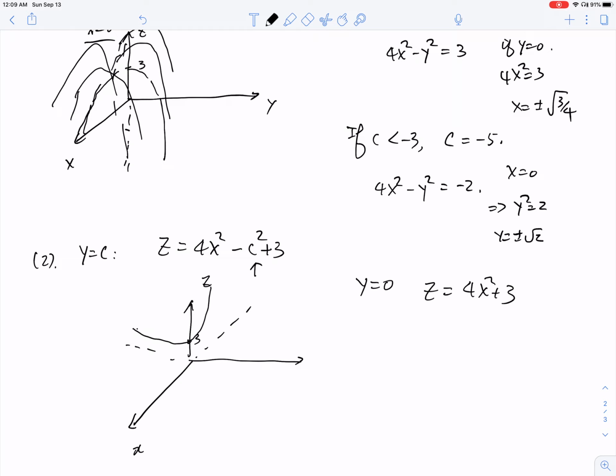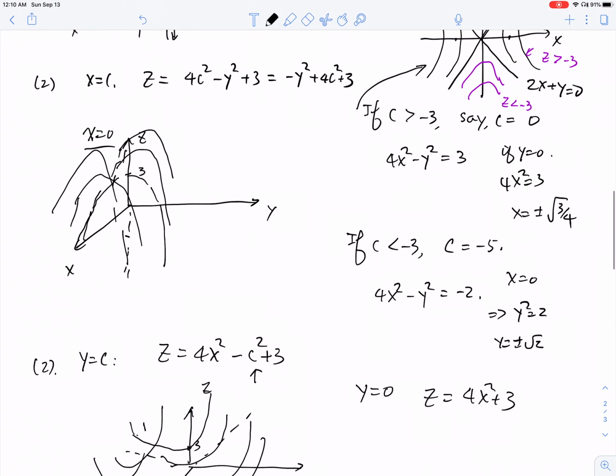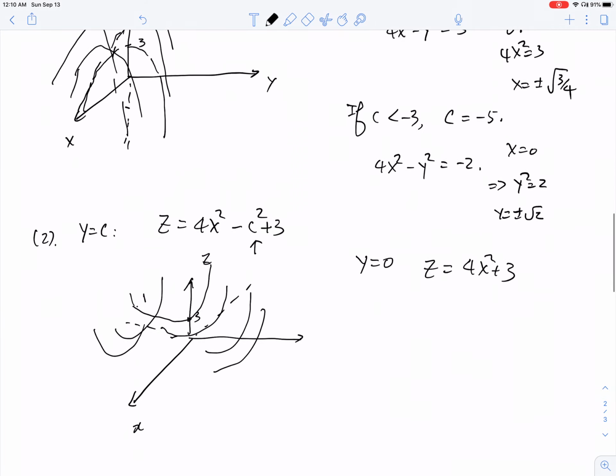But when y increases, this curve goes down over here, and the other side also goes down like that. It's not very nice looking either. I think probably the better one is still number 2. So what we see is like a ridge, but in the middle actually is lower.